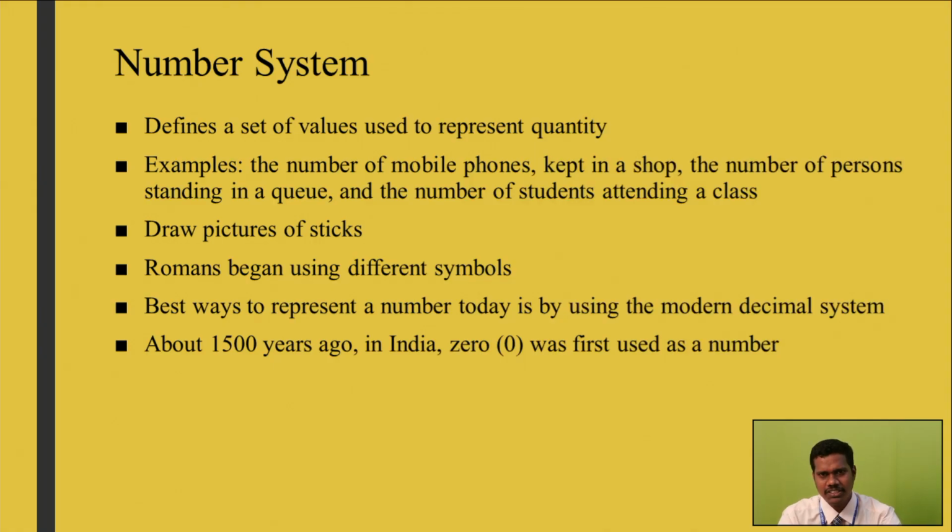The decimal number system has some properties. While reading and writing in the decimal number system, we follow left to right. For example, when writing the number 768, we write 7, 6, 8, read or written from left to right, but the weightage of the number is given from right to left, which means 8 has the minimum weightage value, then 6 has the next, and then 7 has the next.